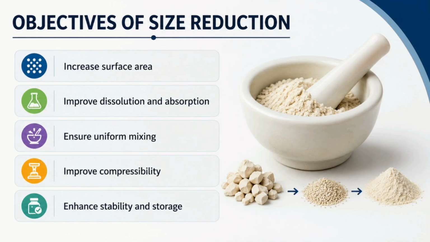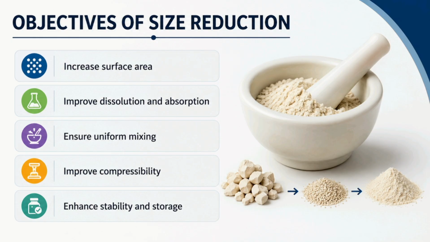Students, now let us understand why size reduction is performed in the pharmaceutical industries. The first objective is to increase the surface area. When the surface area increases, the drug dissolution becomes faster, and faster dissolution improves the drug absorption in the body.